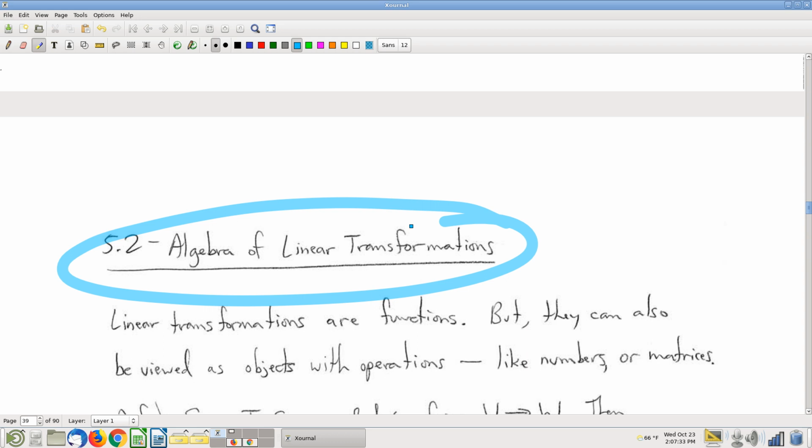This minor point, never actually proved that. So we're going to prove that today. It's actually a pretty straightforward proof using this algebra of linear transformations. Lastly, that business in section 4.3 about the magic number, right? And the unfortunate coincidence.